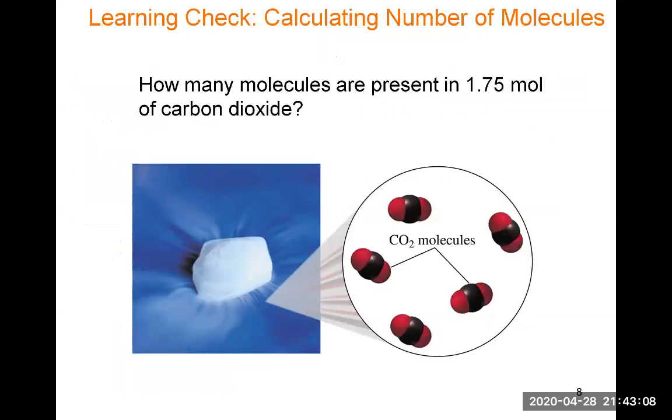Let's practice now by calculating the number of molecules of carbon dioxide that is present in 1.75 moles of carbon dioxide. So the picture here is representing dry ice. Dry ice is solid carbon dioxide.